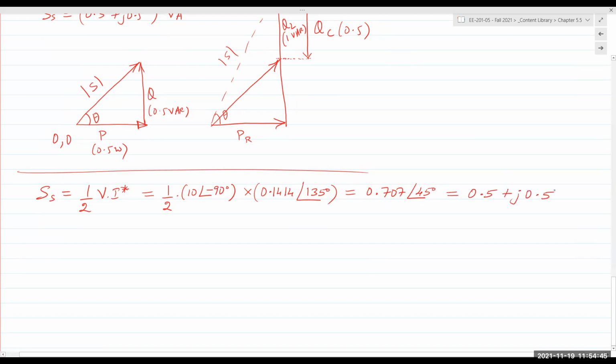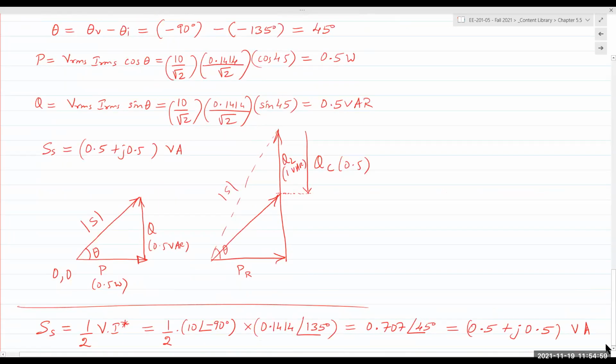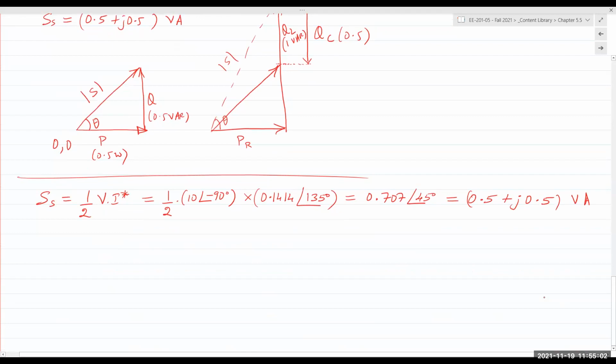It's the exact same answer again, no difference. So this is kind of a one-step answer: half V I asterisk. Previously, you had to solve for P, and you also had to solve for Q. Now, if you want to plot the power triangle from here, you equate it with P plus jQ. So this gives you P, this gives you Q.